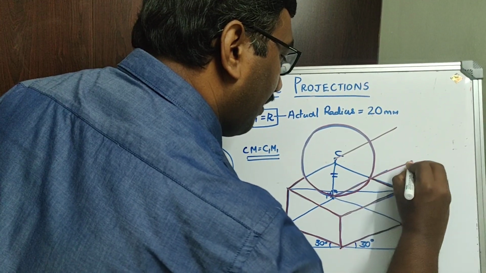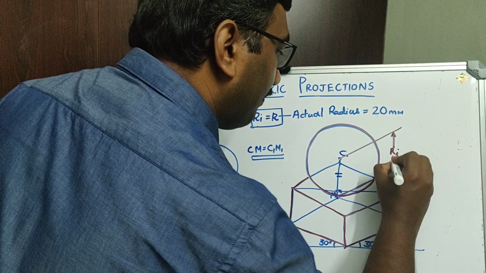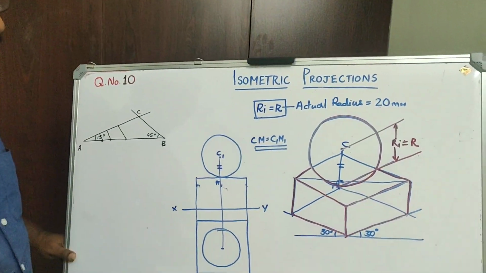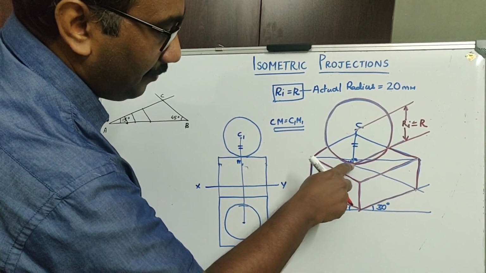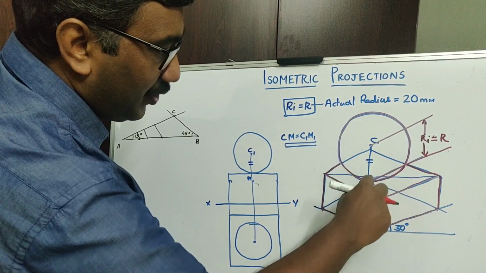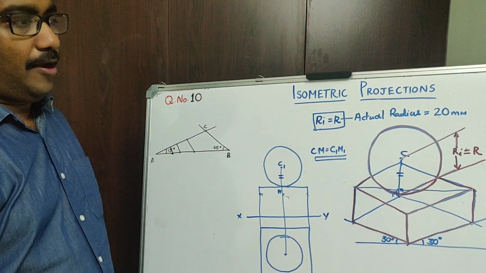So this is Ri, which is equal to R itself. You can see that this R, this is the distance from C to the contact point that we can find out. Now we can practice this.